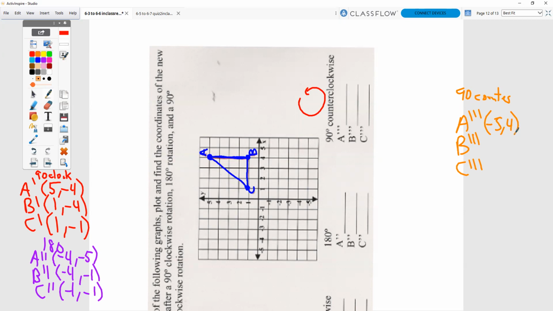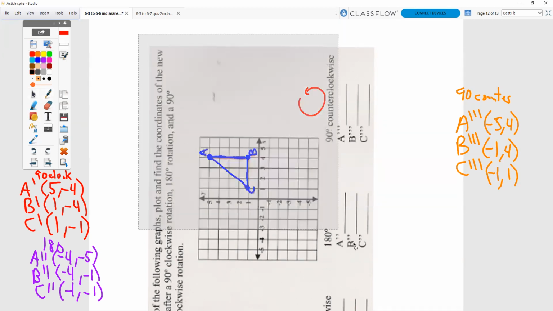It's not 1, 4. It's over to -1 because that's to the left, and then up to +4. C triple prime over to -1 up to +1. It looked like it was over to +1, but it's not. Anytime you go over to the left is really negative.